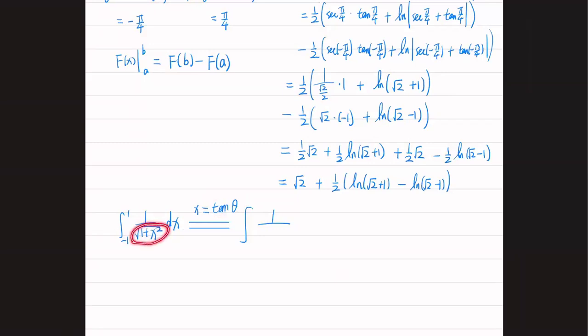It's 1 plus tan squared theta, the square root of that, and then that simplifies to secant of theta. Sakina, what about the limits? How does this change to theta?